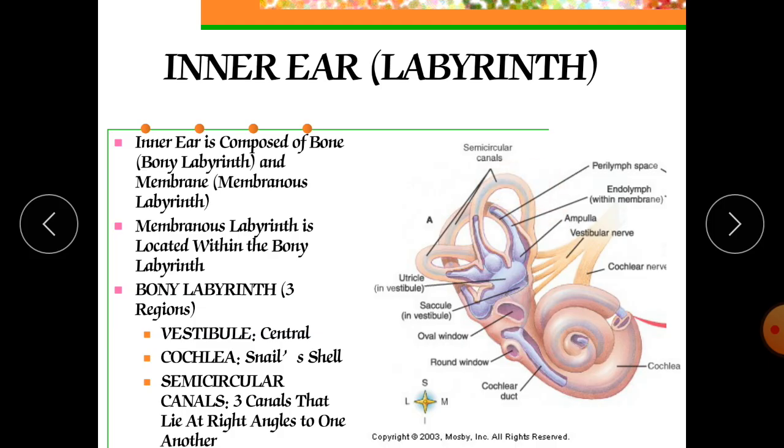Each canal lies at approximately a right angle, a 90-degree angle, to the others. Based on their positions, they are named anterior, posterior and lateral.